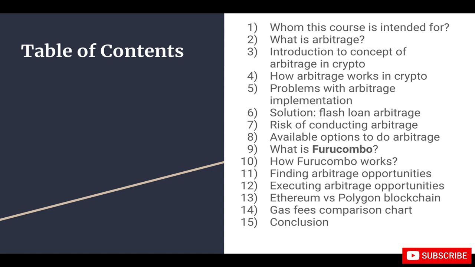And chapter 8, we're going to be talking about available options to arbitrage, right? There are basically two main ways. The first one: if you know programming, if you know how to code in Solidity, JavaScript, and Python, then write your own smart contract. But if you don't know how to code, you don't even know the basic concepts of blockchain programming, don't worry guys, there is another way to do it using Furucombo.